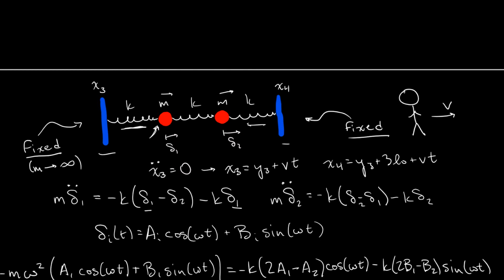We just made an assumption at the beginning that everything was being held fixed. Basically, we assumed at the beginning that we were always in the rest frame of the system.